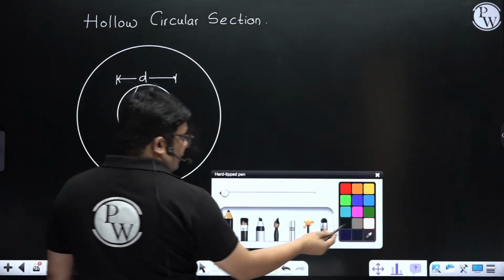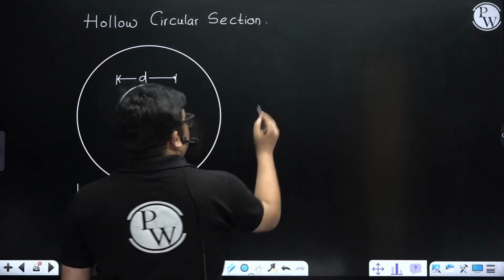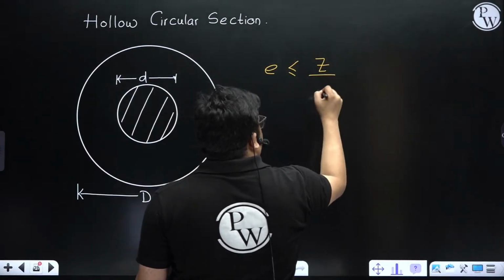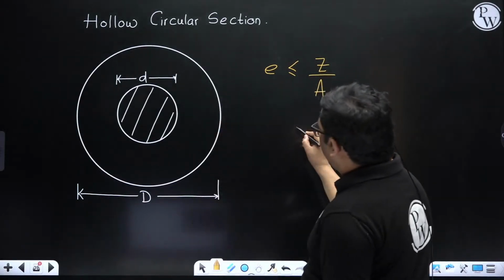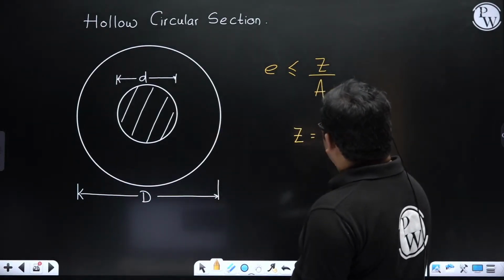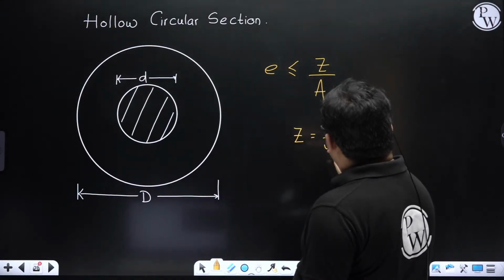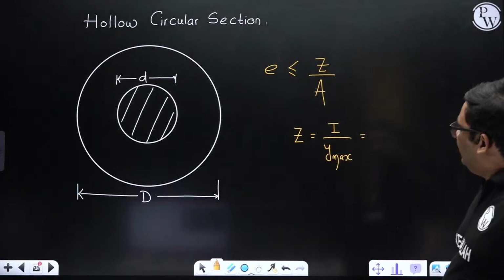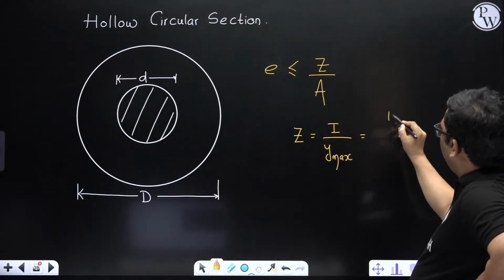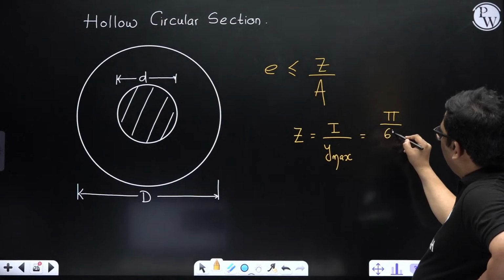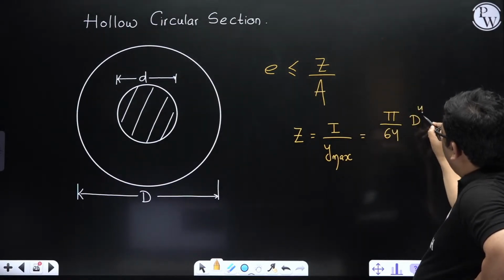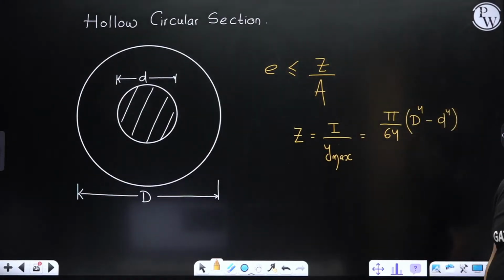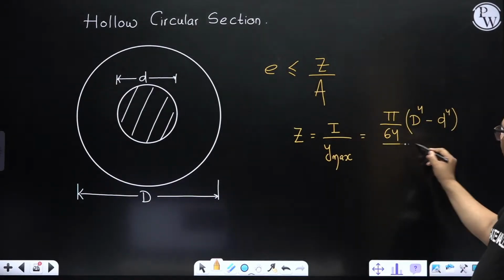So in this case, if I want to find out the core, what will be e? e will be less than or equal to Z upon A. Now, Z of this hollow section will be I by Y max. I for a hollow section is pi by 64 times capital D to the power 4 minus small d to the power 4, divided by Y max.